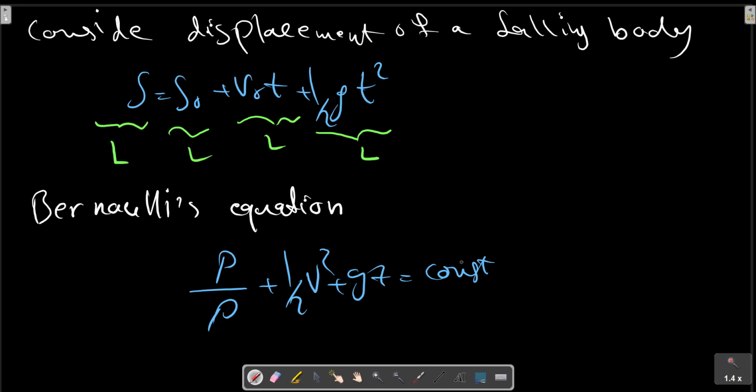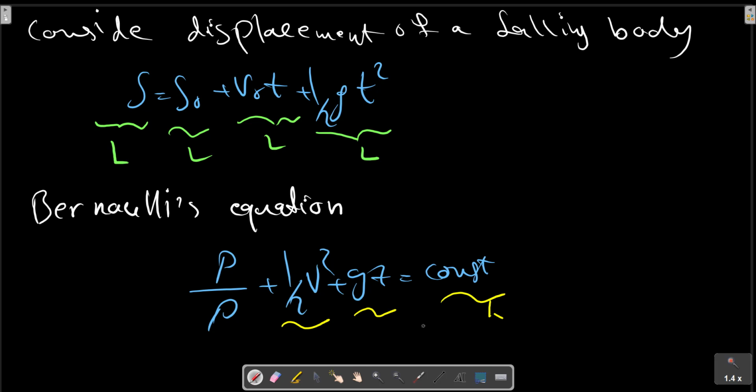Each term, including the constant, because the right hand side is constant with no dimension given, should have a dimension.